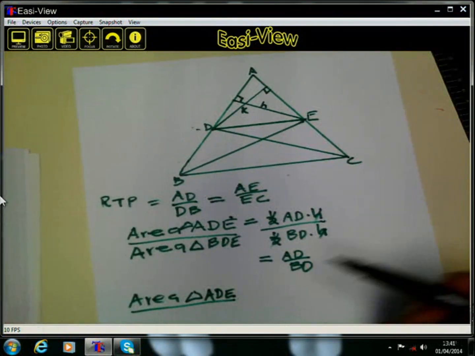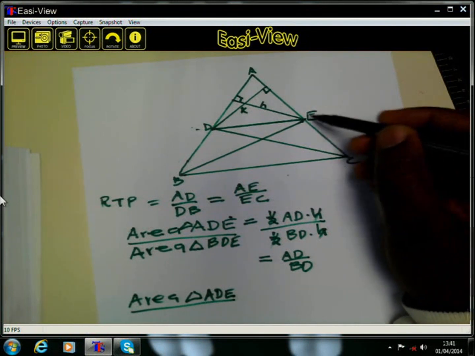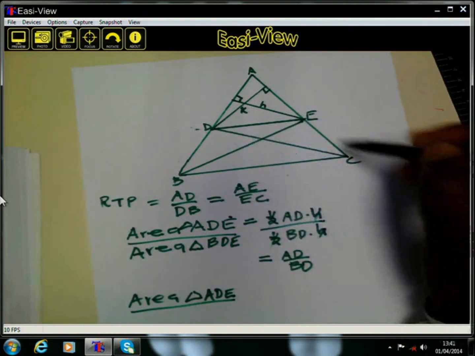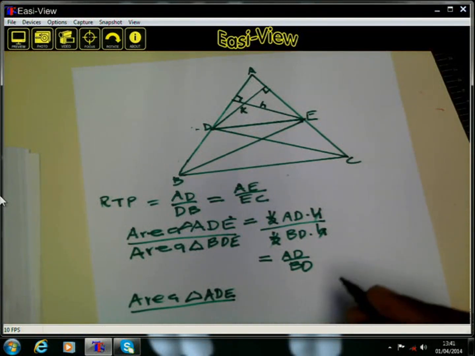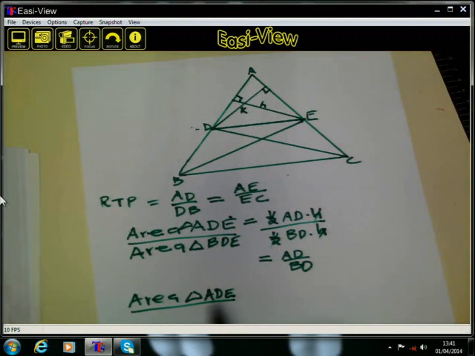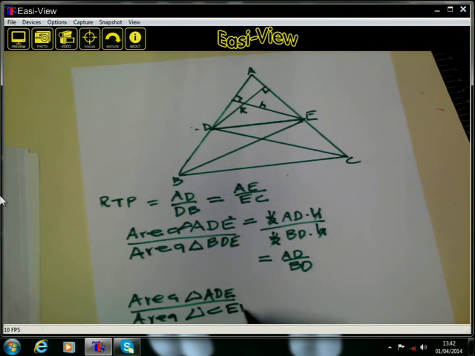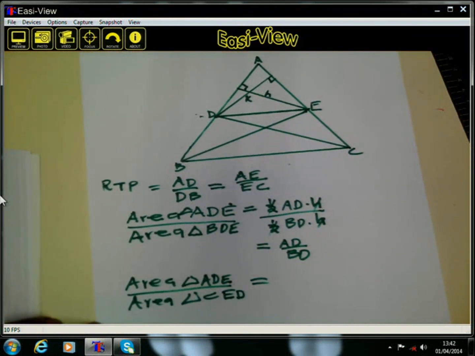We are using the triangle that one learner has just asked about, of saying, why should we have E join DE and DC? The purpose was to create triangle CED. So we are looking now at area of triangle ADE over area of triangle CED. Fine. Remember, we are also talking about the definition of a triangle here.